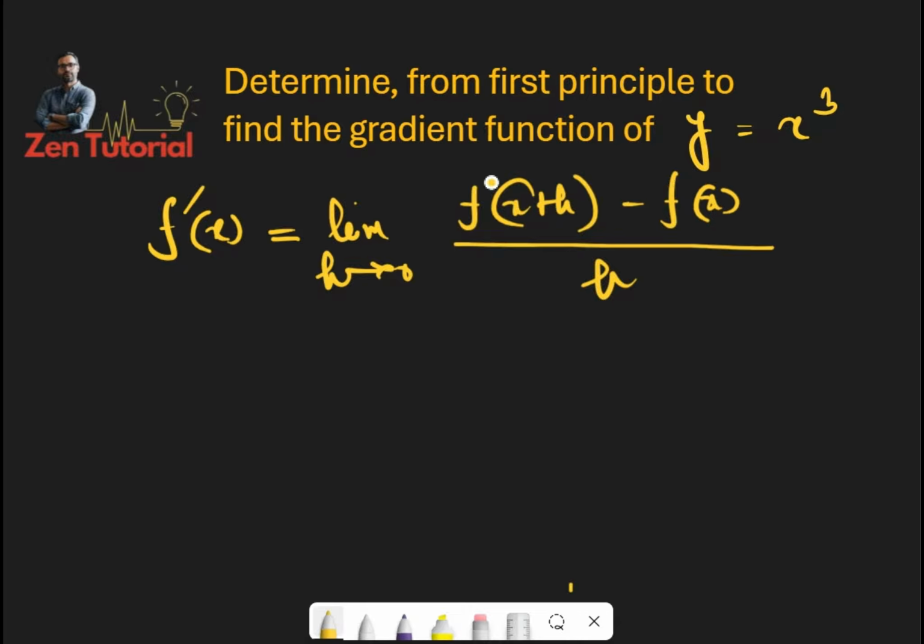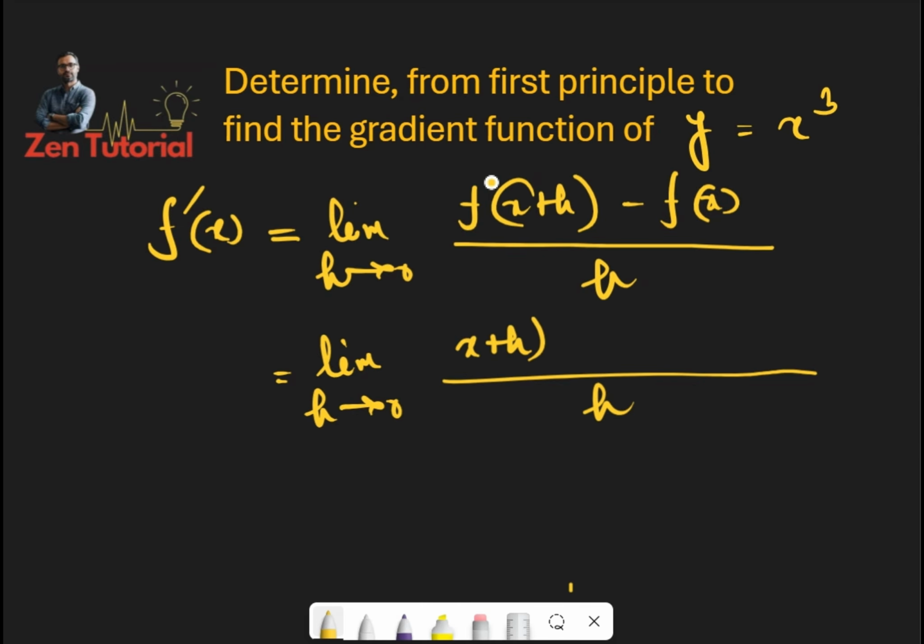This is the definition. Now plug in the value, as the function is y equals x cube, instead of x we write x plus h. So it will be x plus h whole cube minus f of x, which means x cube. So let's write down the value of x cube.